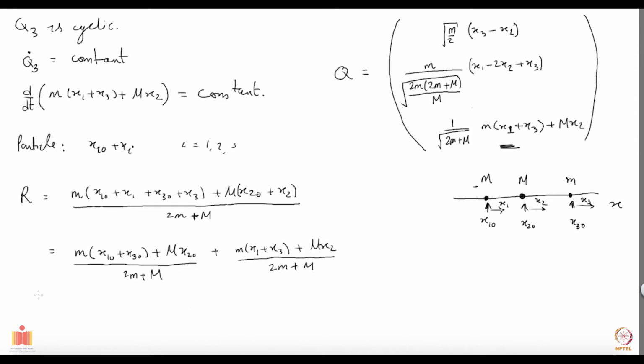Now if I take dR over dt, the first term will give zero contribution because these are all constants, and you get a non-zero contribution from the second, which is 1 over (2m plus M) times d over dt of that quantity.